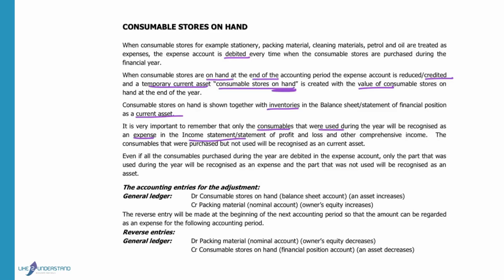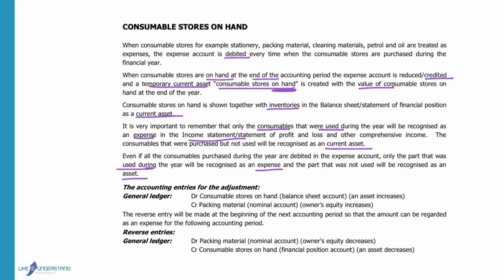The consumable stores that were purchased and that was not used in the current year will be recognized as a current asset in the balance sheet. Even if all the consumable stores purchased during the year are debited in the expense account, only the part that was actually used during the year will be shown as an expense, and the part that was not used will be recognized as an asset.